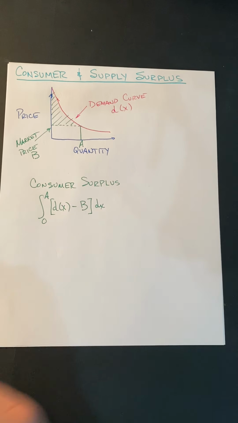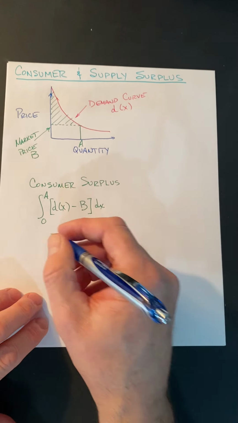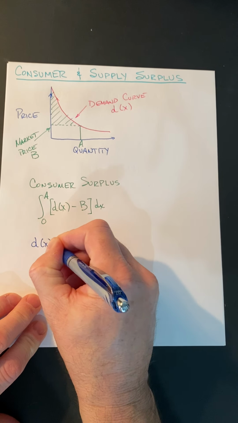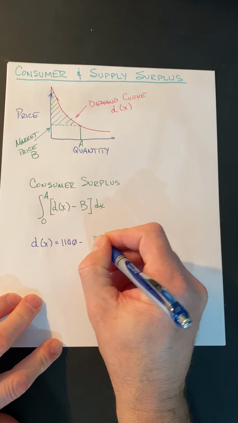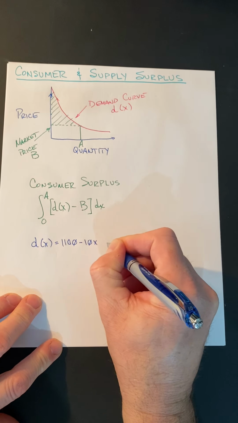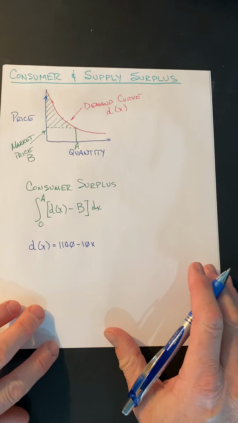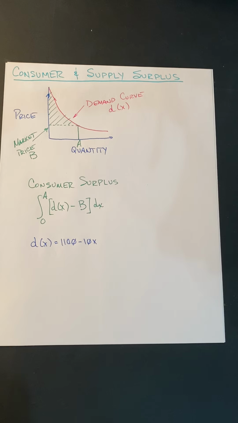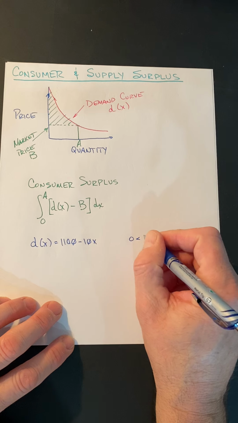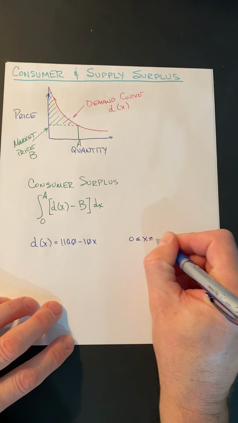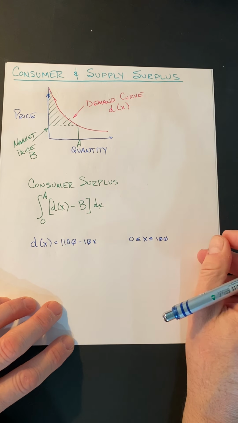So let's look at an example. Utility companies produce electricity. This particular one has a demand function of d of x equals 1100 minus 10x dollars, where x is in millions of kilowatt hours, with a restriction on the domain of x from 0 to 100.